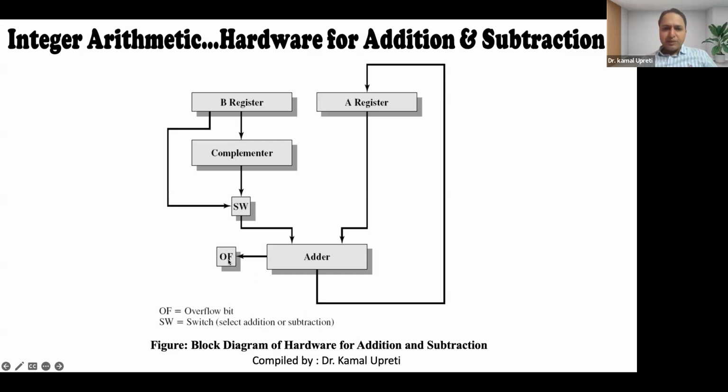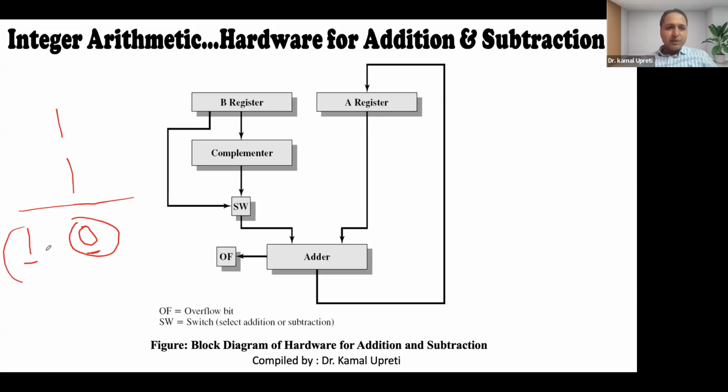After the addition and subtraction, we are using OF. OF stands for overflow bit. As I already told you in the last class, if I have a 1 and I perform an addition, 1 plus 1 becomes 0 and carry 1. You can store only 1 bit of data, but you have 2 bits of data.